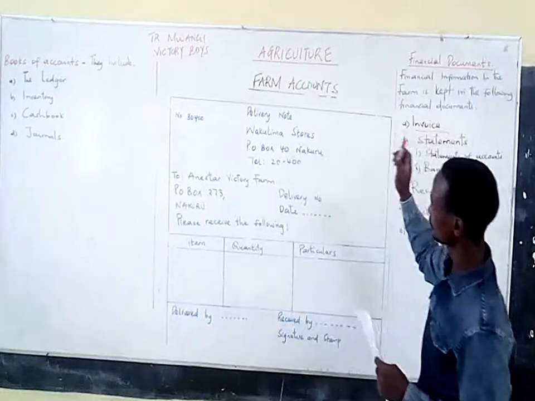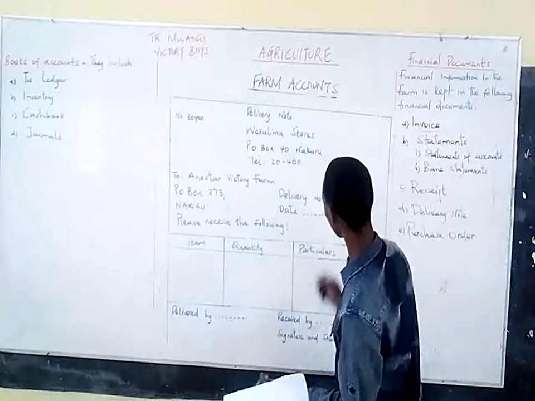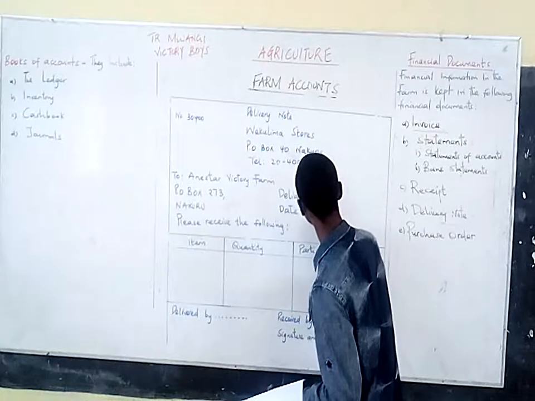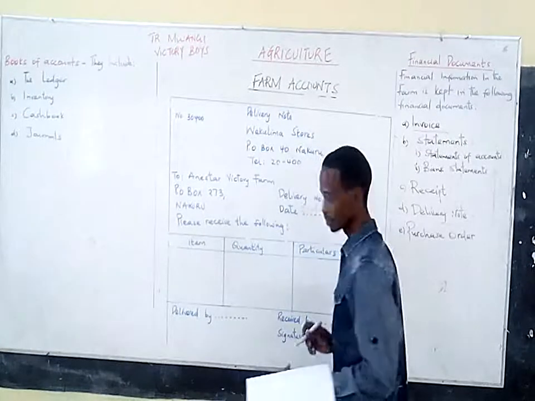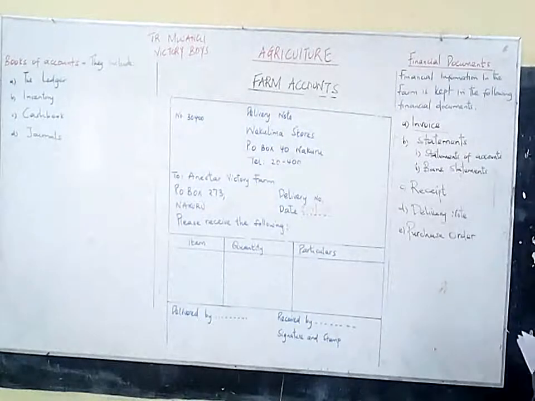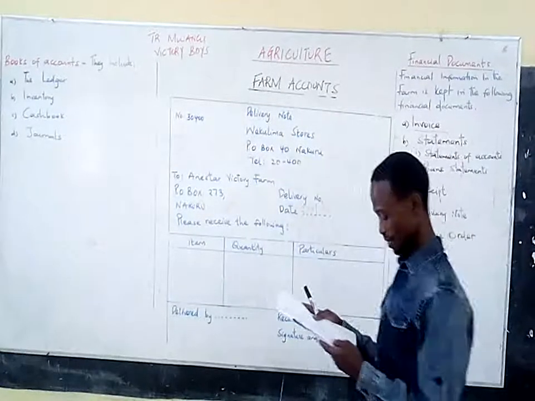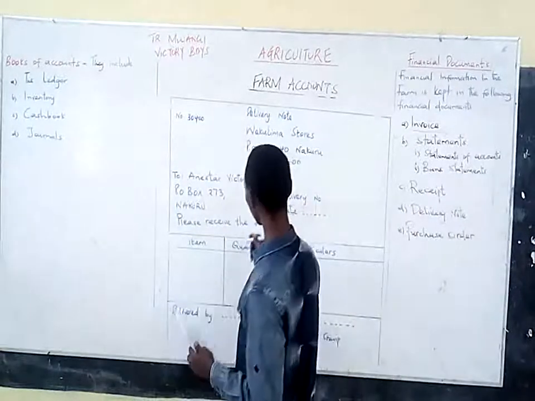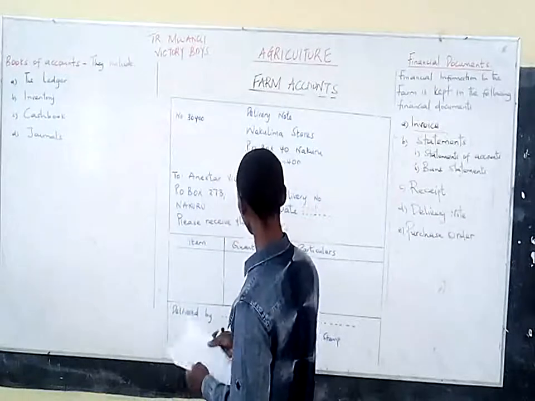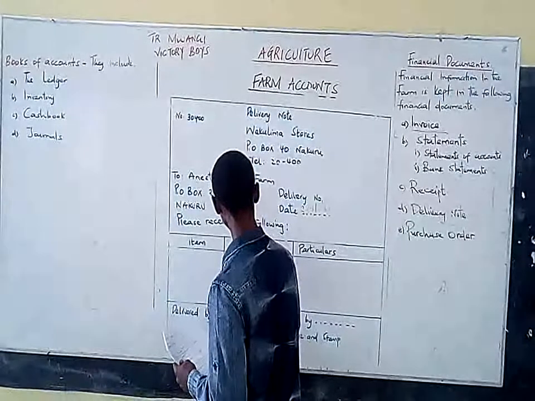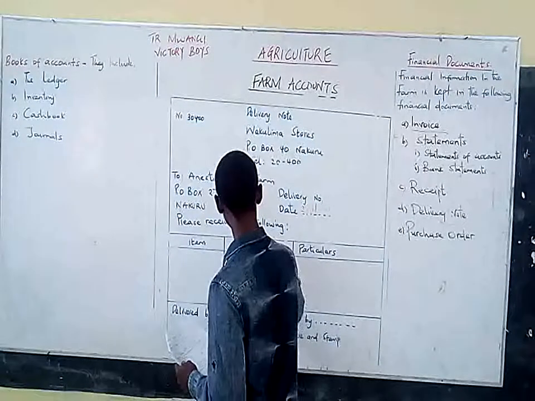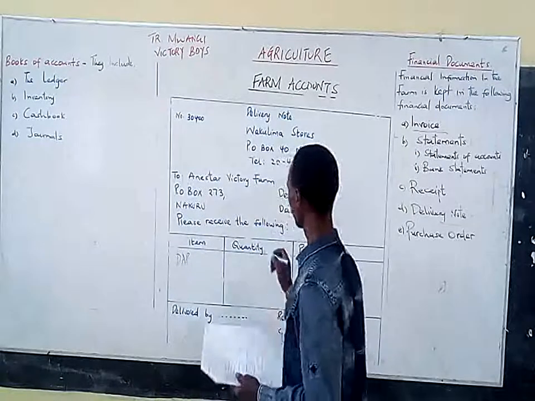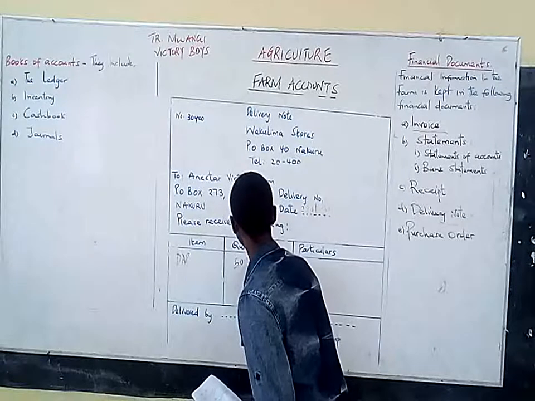Number 1, we have the date of delivery, for instance, today we are on the 23rd of June. So we have our date over there. Then number 2, we have the quantity of goods delivered. Remember, we are still going to use our previous example. Here we have DAP fertilizer, quantity 50 kgs.